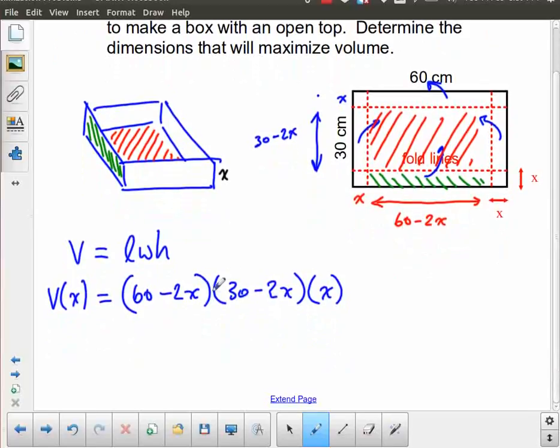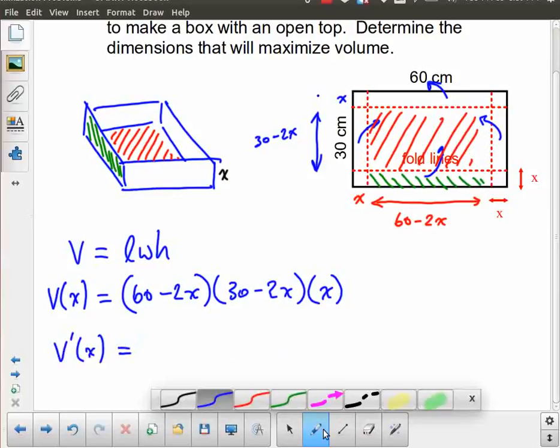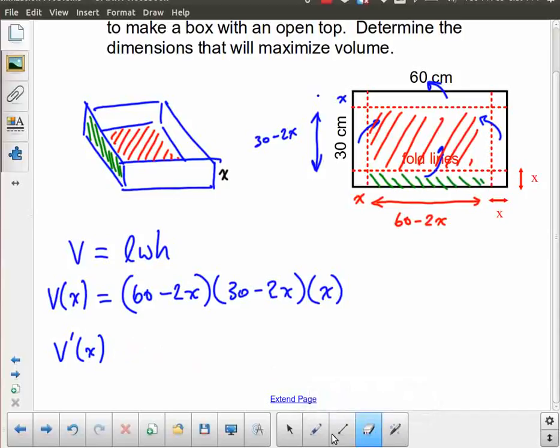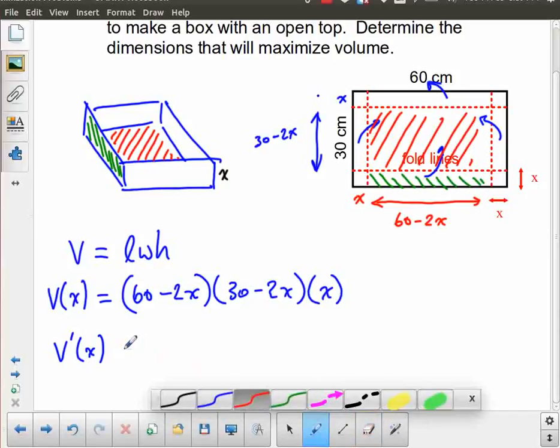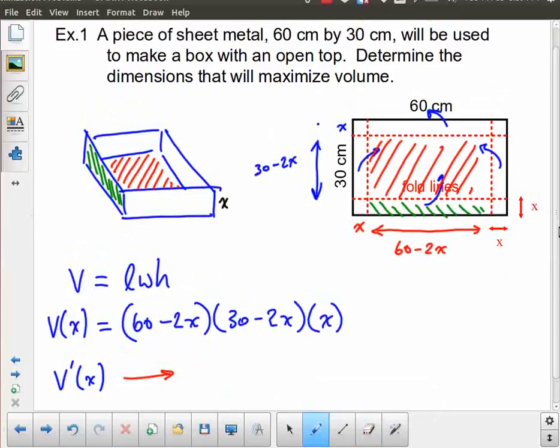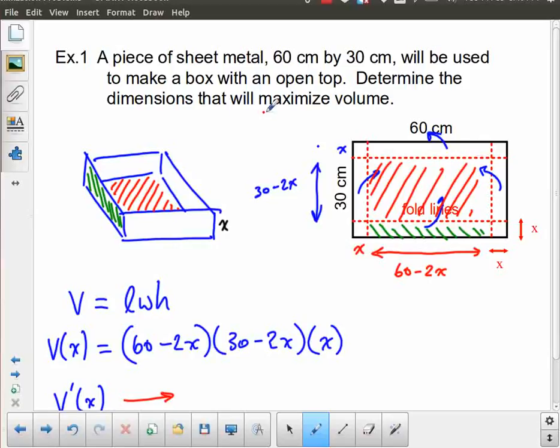Now, at this point, we're going to be interested in taking the derivative. So we're going to want to find V prime of x. Actually, before I even attempt to take that derivative, I want to answer the question, why are we trying to find V prime of x? We are trying to find the dimensions that will maximize volume.